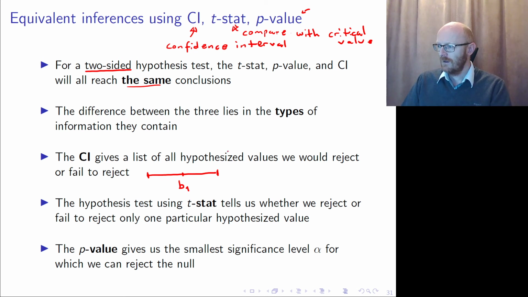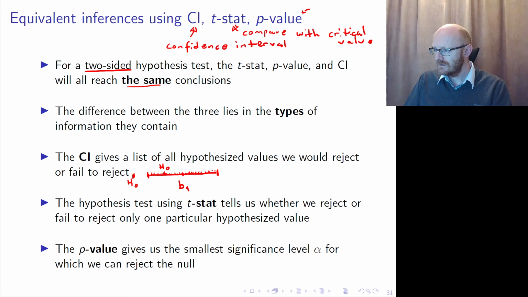Okay, and here you have really a list of all values you would reject or fail to reject. So for example, if H0 was here, then you would fail to reject it. Okay, you would fail to reject it. If H0 was here, then you would reject it.